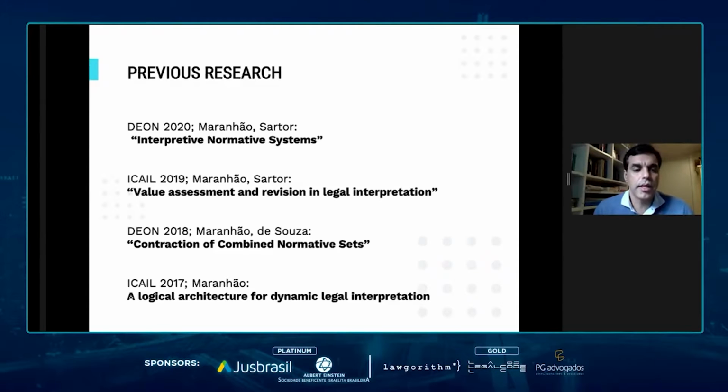Then in 2018, a paper with Edelcio Souza about the contraction of constitutive and regulative rules. Then Maranhão and Sartor in ICAIL 2019 assessed how the balance of values may affect and change legal rules. And in DEON 2020, a paper with Sartor called Interpretive Normative Systems, we assessed different legal theories regarding the relation between law and morality.